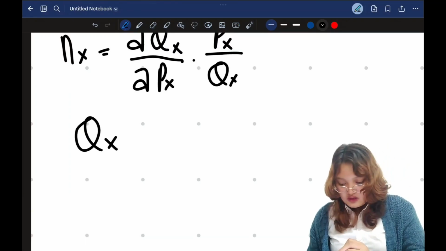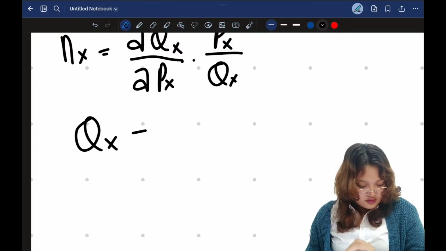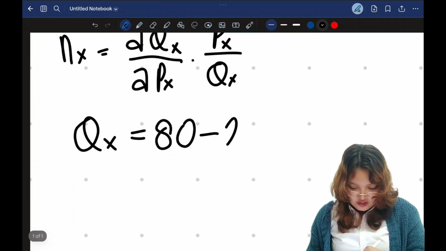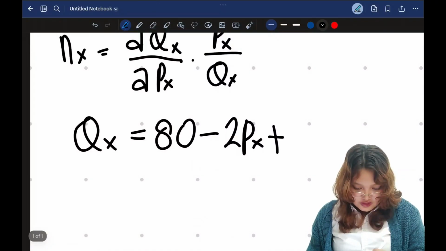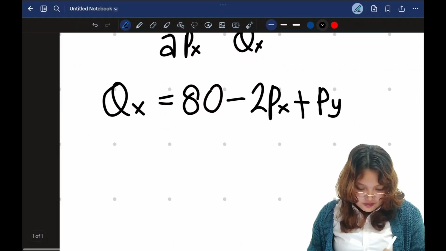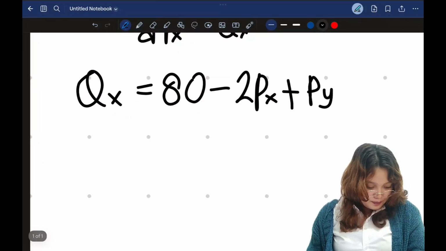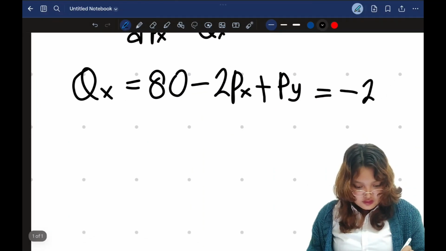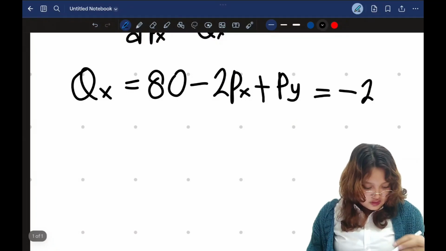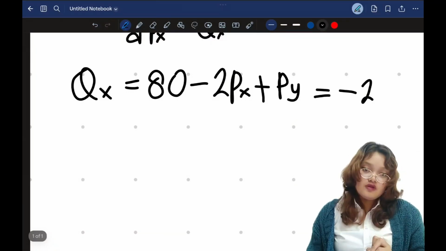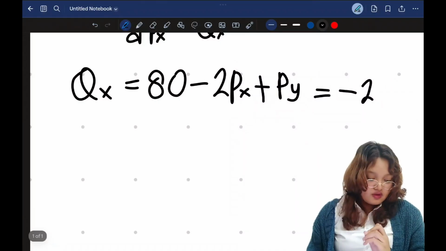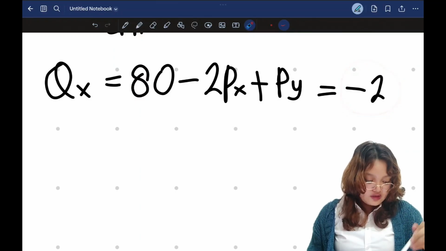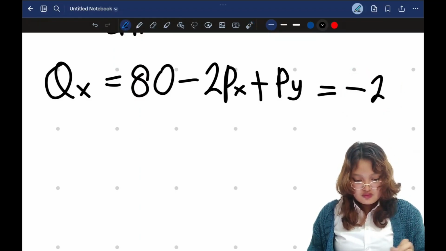The explanation is: Q sub X equals 80 minus 2P sub X plus P sub Y. The derivative with respect to P sub X is -2.